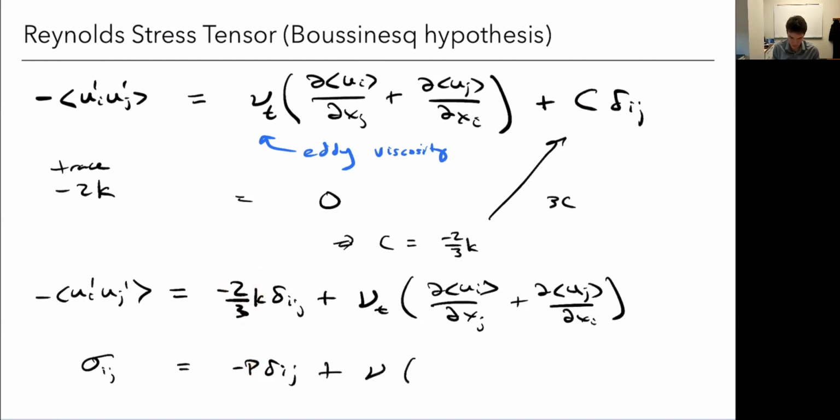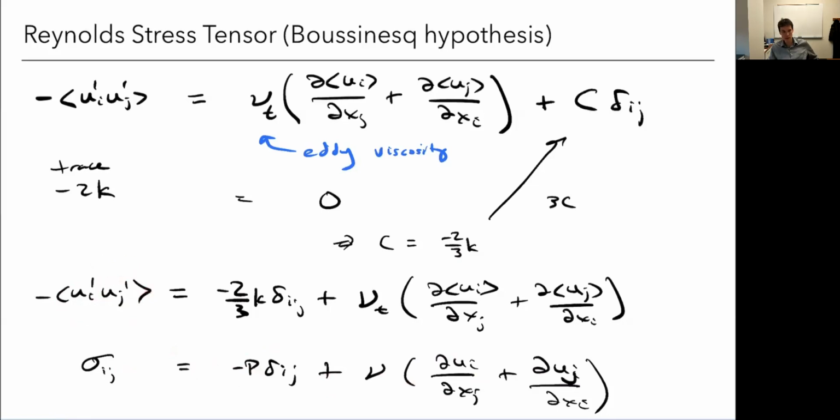And then I have this term that, as we discussed, looks almost exactly the same, except it has instantaneous quantities and it has my regular viscosity, not this eddy viscosity. So you can see another reason why we call this the Reynolds stress tensor. It looks almost exactly like my stress tensor here, at least in this model.